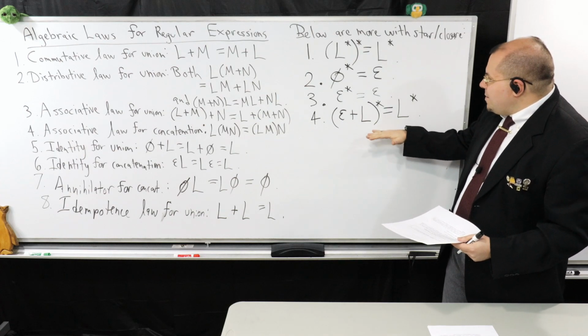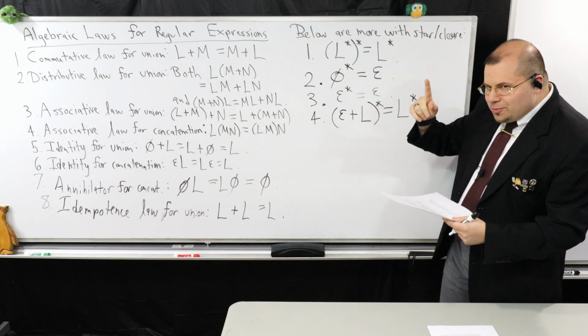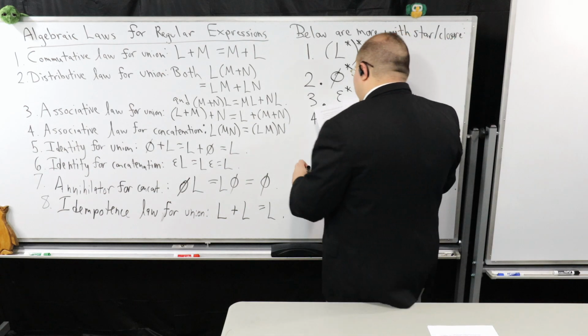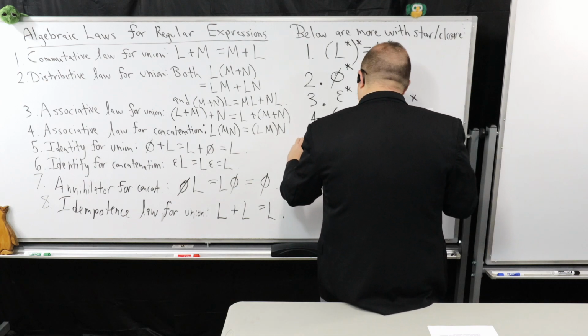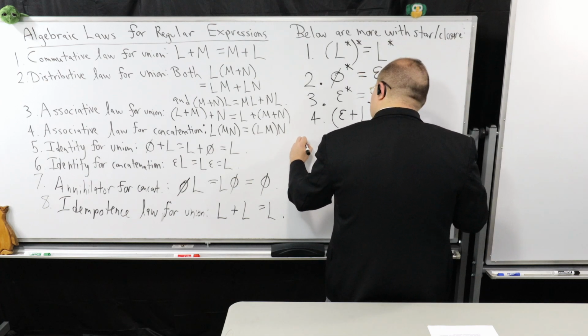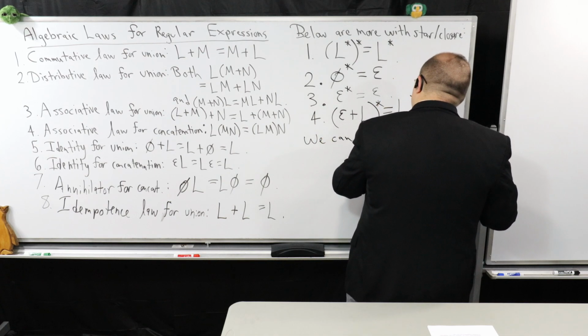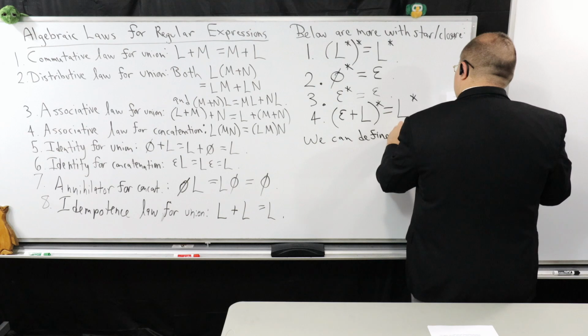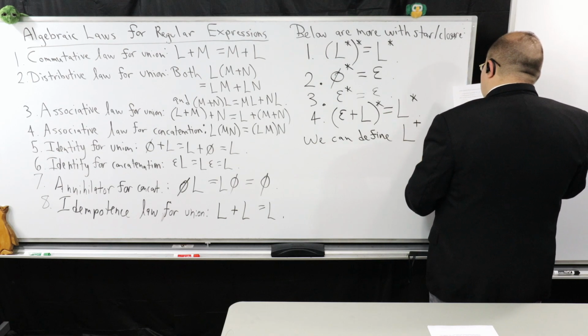Okay. So that being said, that's all I have to say about the stars. I do have one remark, and this actually came up the other lecture. Somebody had pointed this out the other day, and I want to remark about this. We can define, if I give you an expression L, I can write L plus.